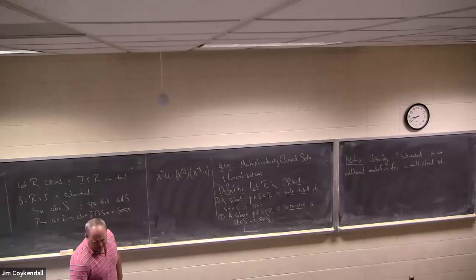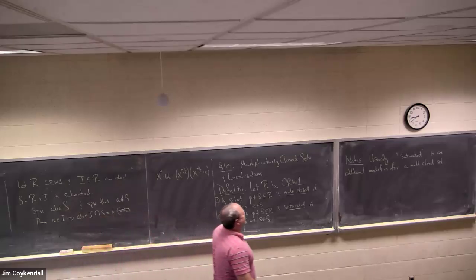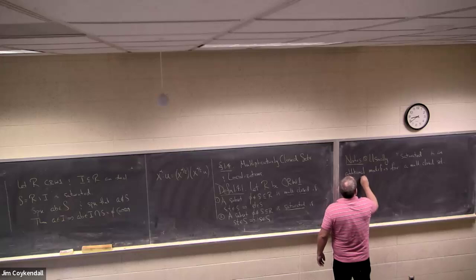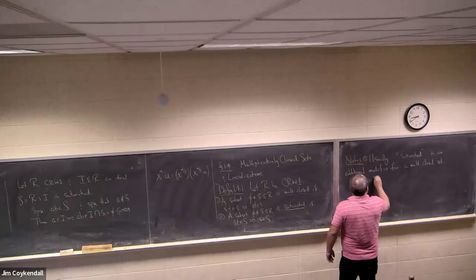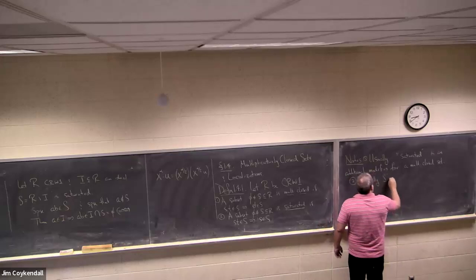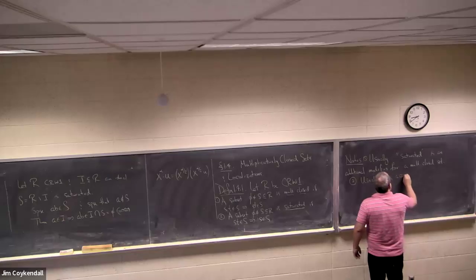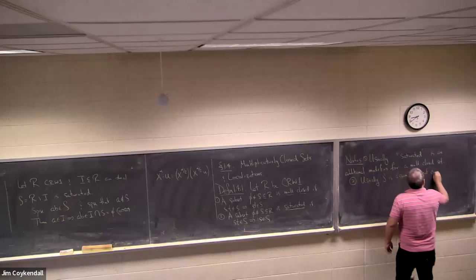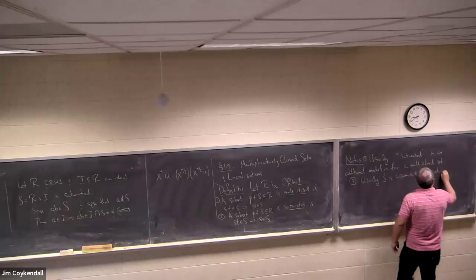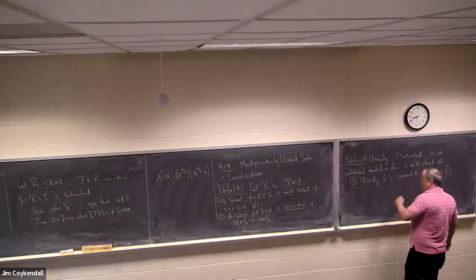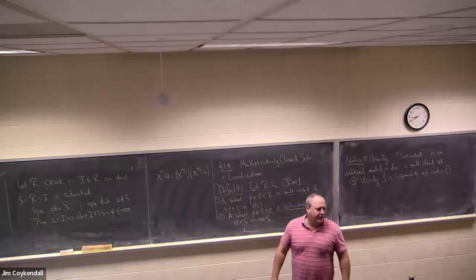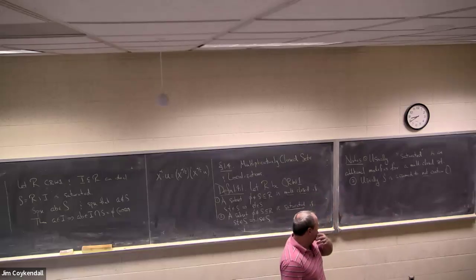Let me make one more note. Two, usually S is assumed to not contain 0. On the surface of it, there's no reason why you would think you would have to make this assumption.